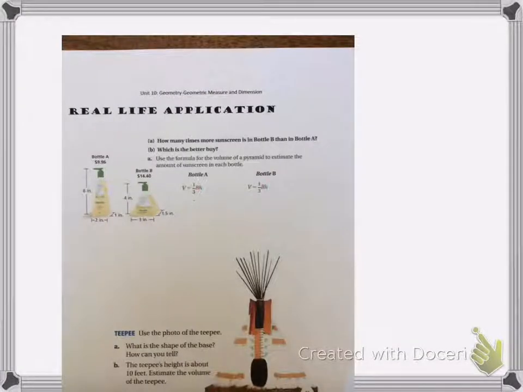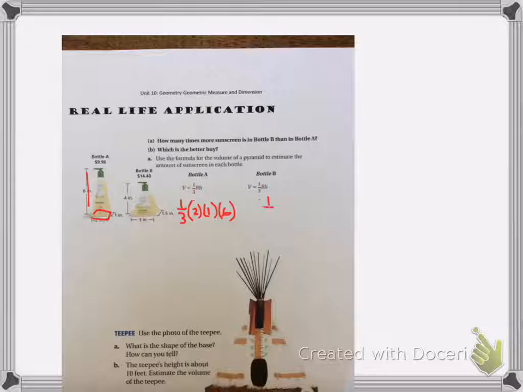All right, a couple of practical applications here. It says how many times more sunscreen is in bottle B than in bottle A, and which is the better buy. It says use the formula for the volume of the pyramid to estimate the amount of sunscreen in each bottle. So we're going to do 1/3 the area of the base times the height. The base is a rectangle again, so 2 times 1, and the height of this one is 6, so times 6.